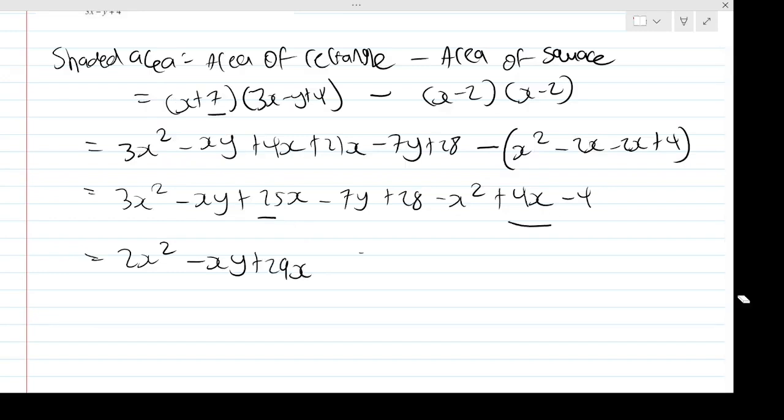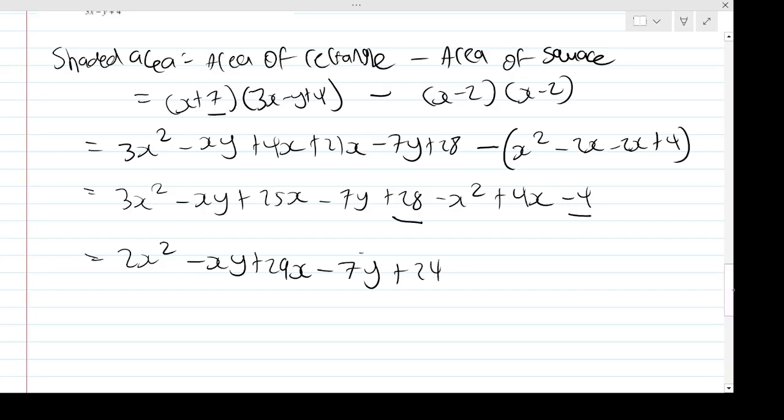And then I have a y term, a minus 7y, but that's the only y term, so that's minus 7y. And then the last bit is these constants at the end. So I have a 28 minus 4, that will be plus 24.